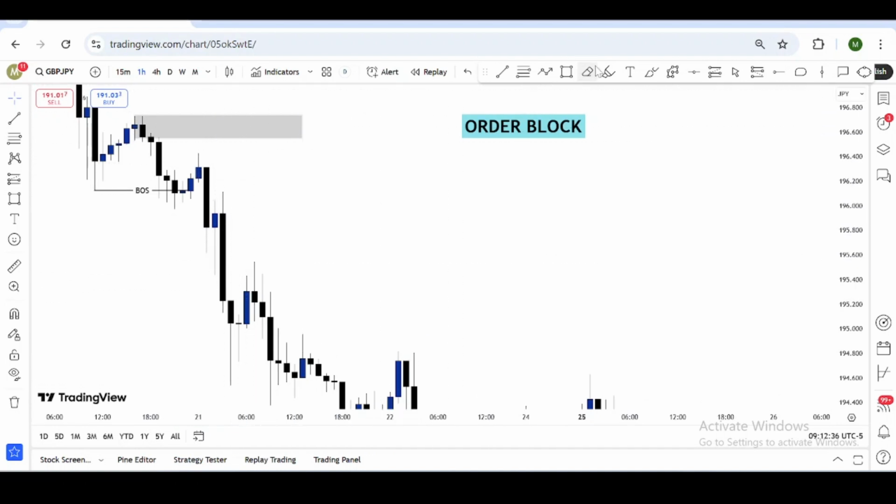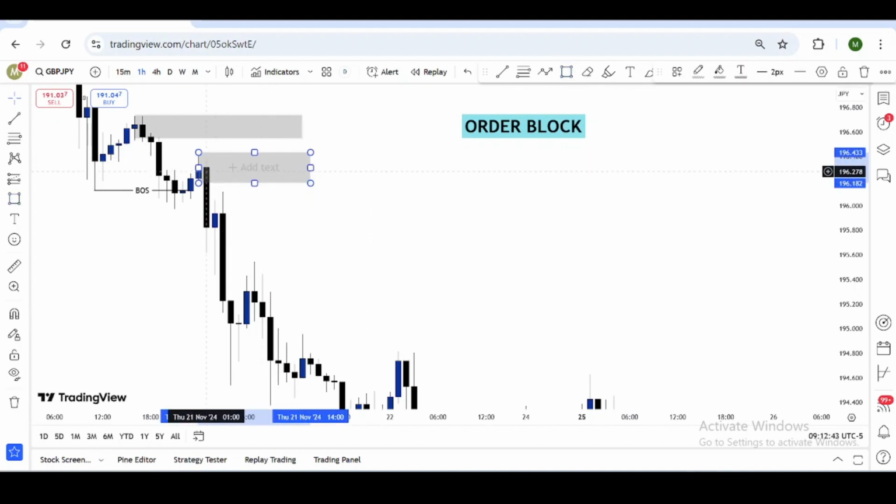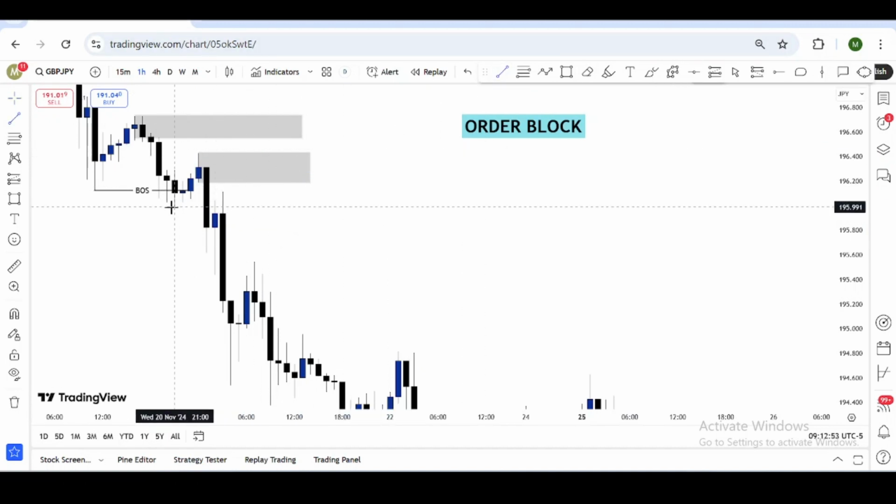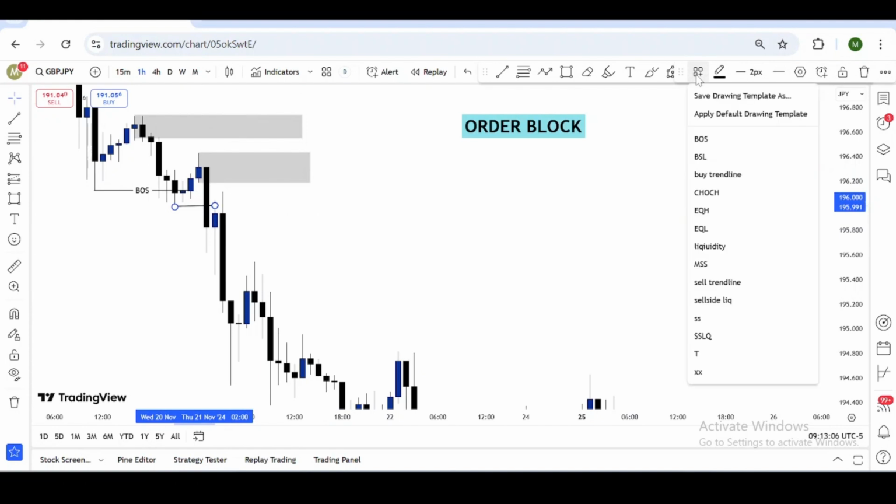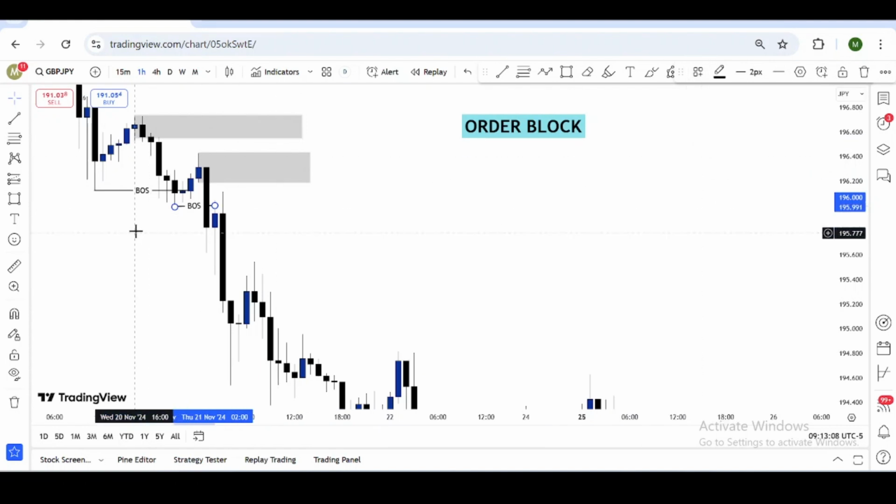All right, so I'm also going to map this out. This is also an order block. This is a bearish order block, and this order block here gave us a break of structure, right? So here is our break of structure here. So we have a break of structure at this point. Okay, this is an order block. This is a bearish order block pushing to the downside.